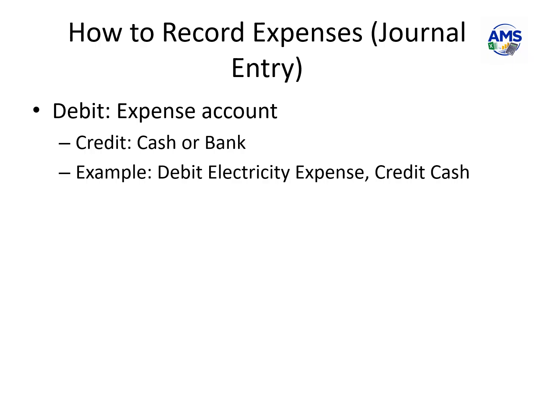Then the next step, step 2, you need to know how you paid for the electricity. How did you pay? Did you pay by cash or mobile money or bank transfer or on credit? Step 3, you need to now record the journal entry, which is, in our case, you debit expense and you credit the mode of payment, which is the cash or bank.